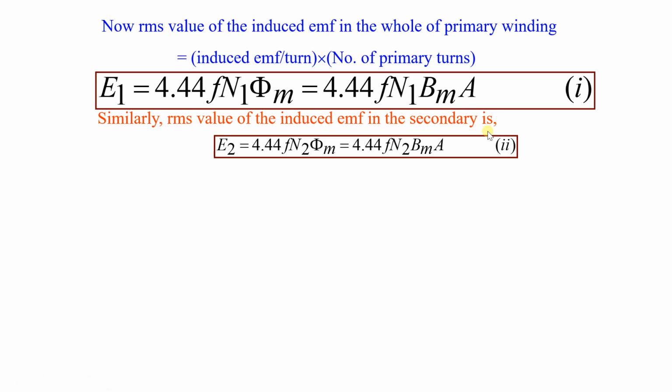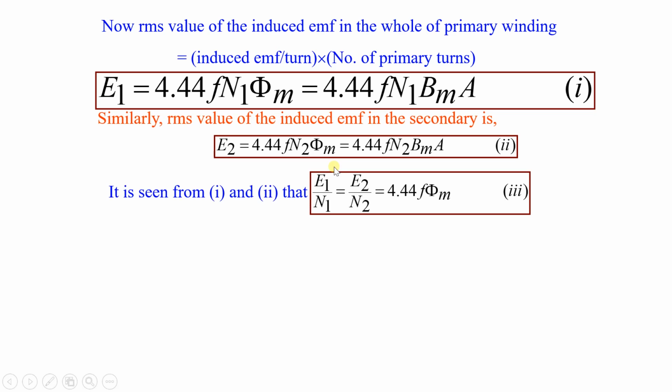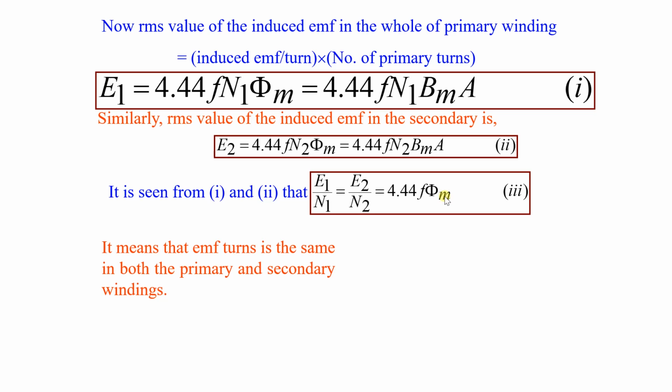Similarly, the RMS value of the induced EMF on the secondary side is the same, but we take the secondary winding N2. It is seen from equations 1 and 2, if we compare them, E1 upon N1 is equal to E2 upon N2 is equal to 4.44 f phi m. This is equation 3. It means that the EMF per turn is the same in both the primary and secondary winding.